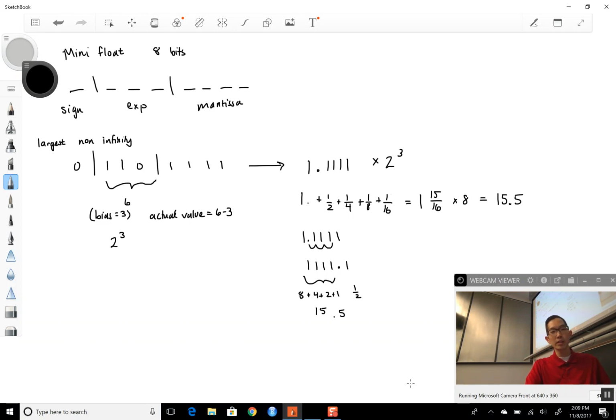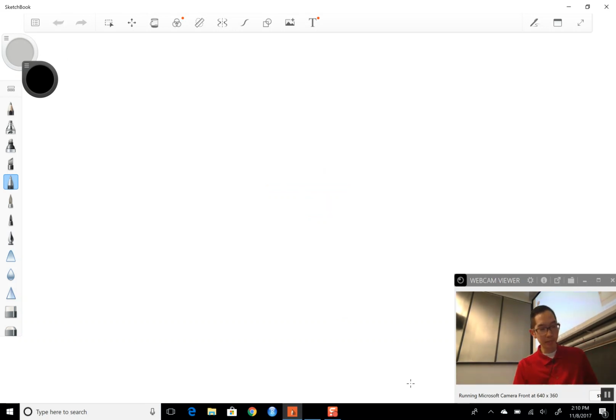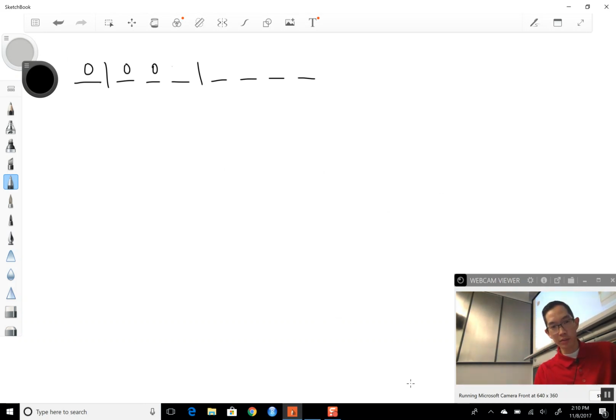This is the largest value that we could represent, and what would then be the smallest value that we could represent this way? So what would actually happen if I have 0 and then all 0s?